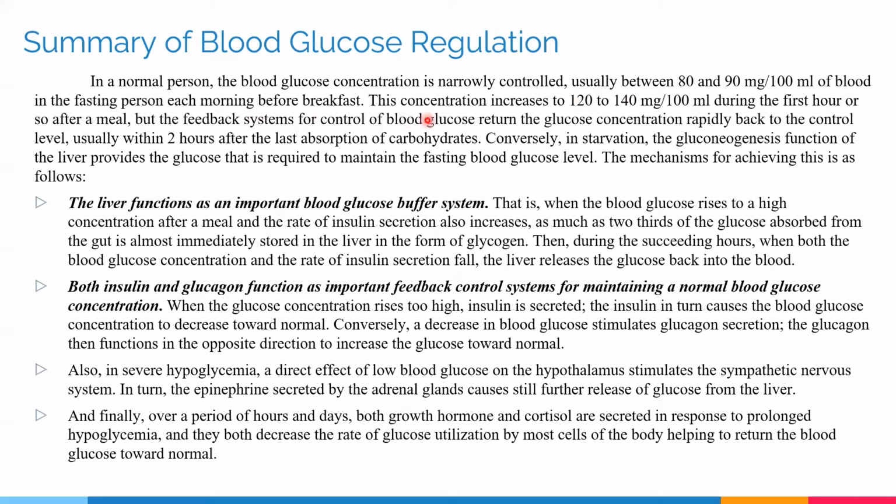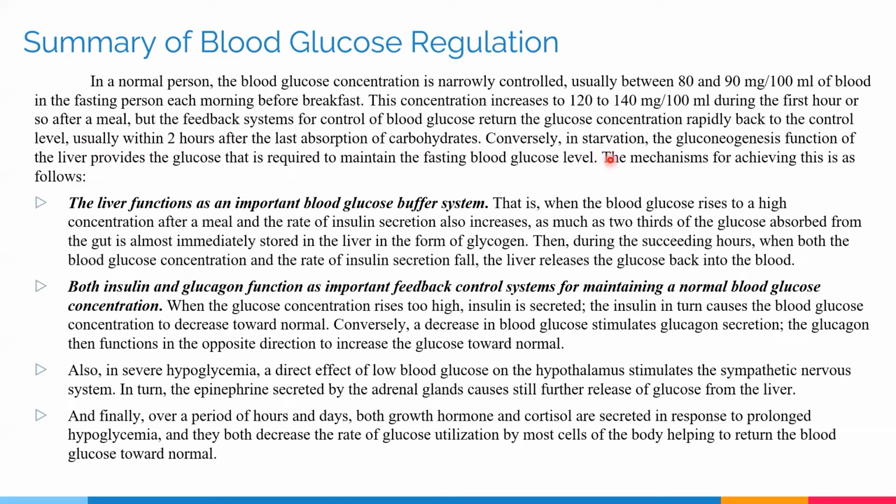This concentration increases to 120 to 140 milligrams per 100 milliliters during the first hour or so after the meal. But the feedback systems for the control of blood glucose return the glucose concentration rapidly back to the control level, usually within 2 hours after the last absorption of carbohydrates.